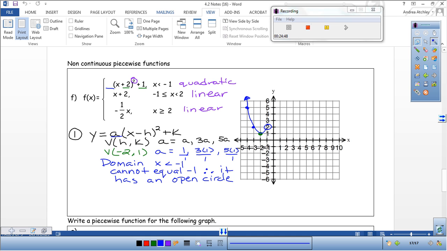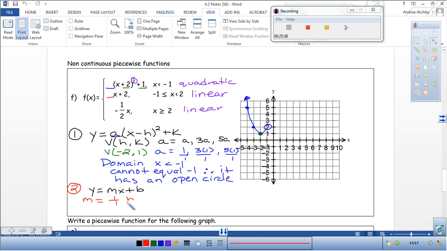Okay, next equation. The next one is linear, so that's just y equals mx plus b. We need to find the slope. So we look here. What is the slope? 1, right here, 1 over 1.